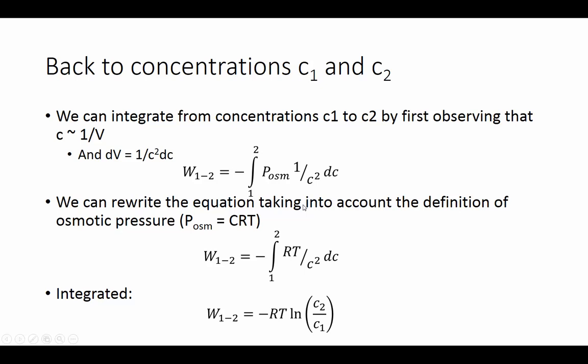So we can integrate, and we can rewrite the equation taking into account the definition of osmotic pressure, the concentration times R times temperature. And then we end up with this work needed to increase the concentration from C1 to C2 is equal to negative RT times the natural log of C2 over C1.